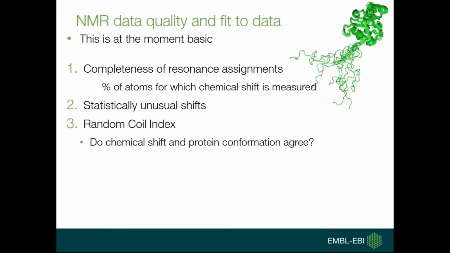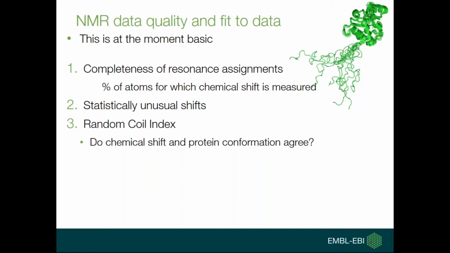So we've looked at X-ray data. Now let's have a look at what we do in the validation reports for NMR data to assess the data quality and the fit of the model to the data. It's much less comprehensive than X-ray data is. We firstly give the completeness of the resonance assignments, the percentage of the atoms in the model for which a chemical shift is measured.